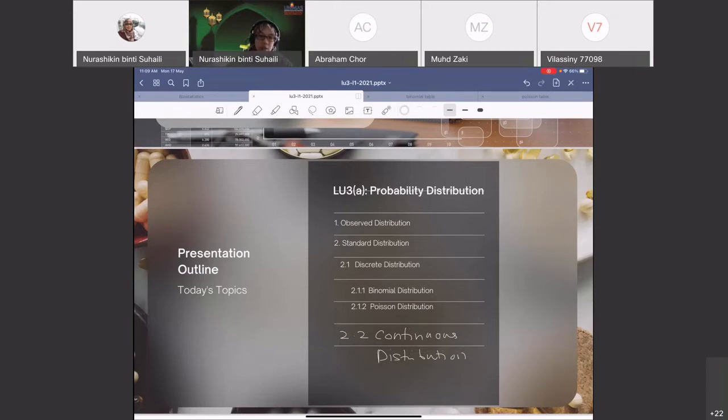If, let's say, you attend an interview, there are two outcomes: you can be accepted or not accepted. So you have 50% chance or probability to be accepted and 50% chance not to be accepted. That's the probability, the chance of the event to occur. Now let's have a look at what is observed distribution.